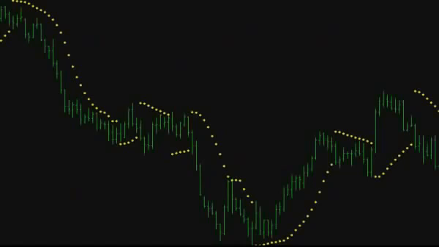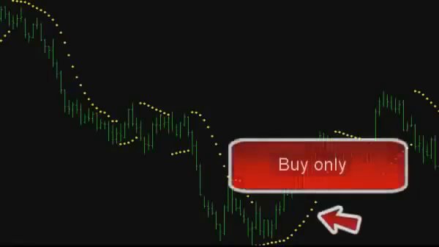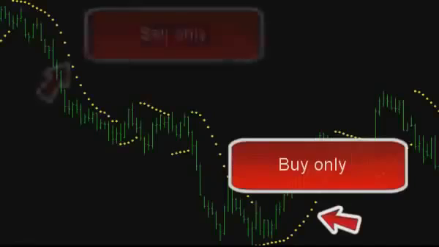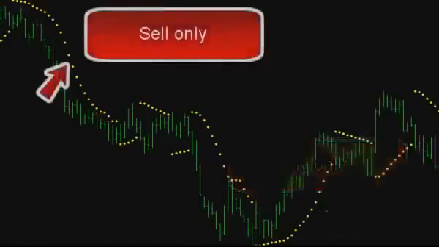The first one is signal filtering of other indicators or trading systems. Using this approach, you will take into account only those trading signals that correspond to the parabolic points arrangement towards the price. In case parabolic is below the price, we take into account buy signals. If parabolic is above the price, then sell signals are taken into account.